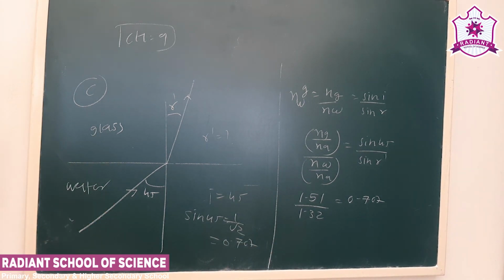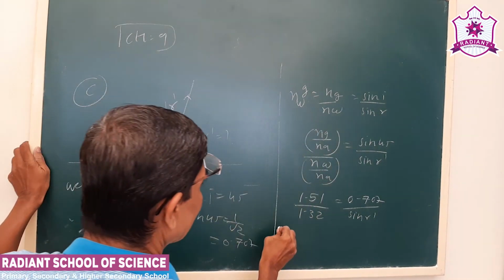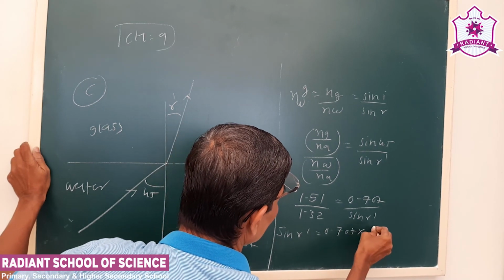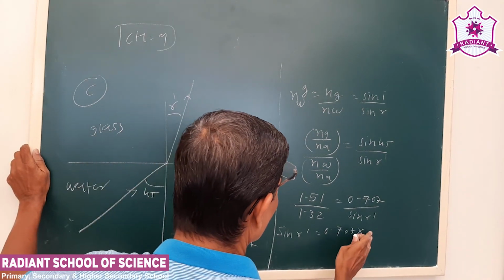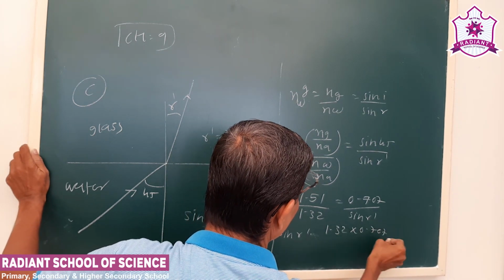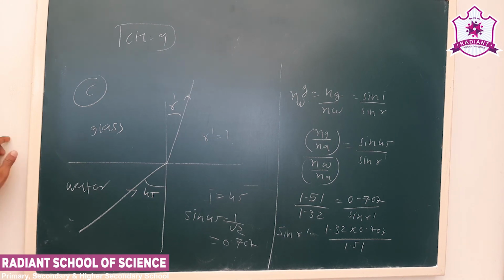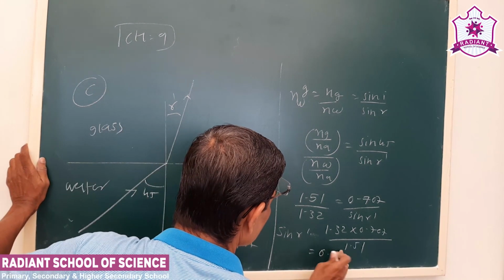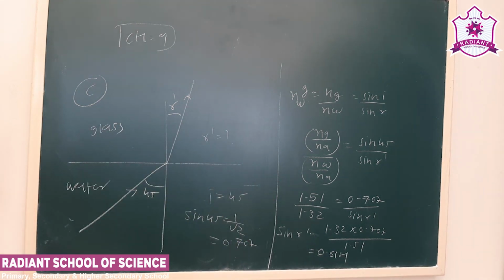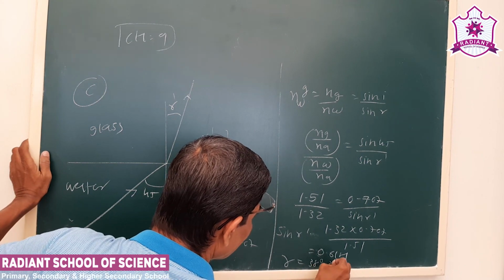Now sin r dash will be equal to 0.707 into 1.32 upon 1.51 if we solve this, we'll get 0.6181. Now if you see the natural sine, we obtain r dash about 38 degree and 2 minutes.